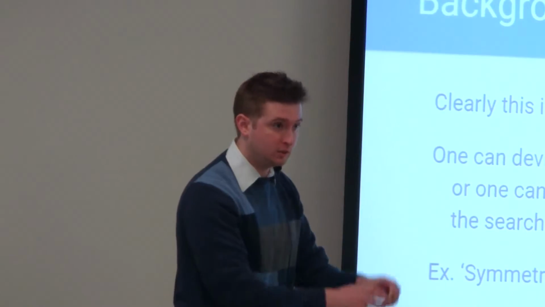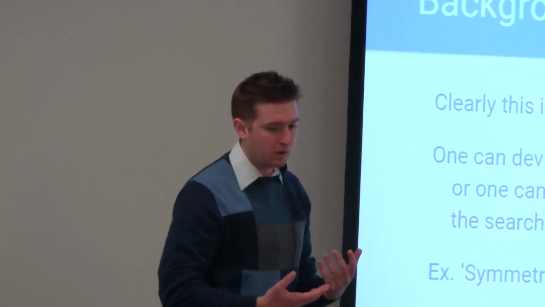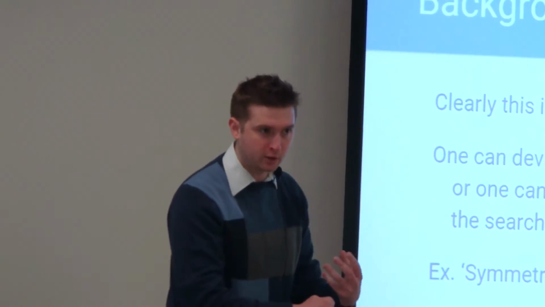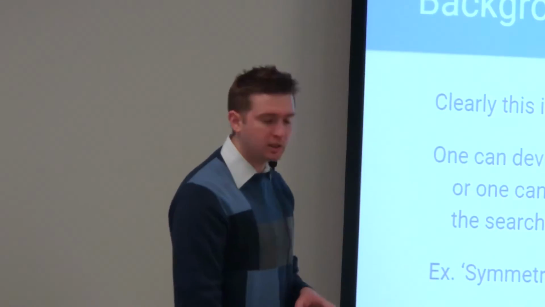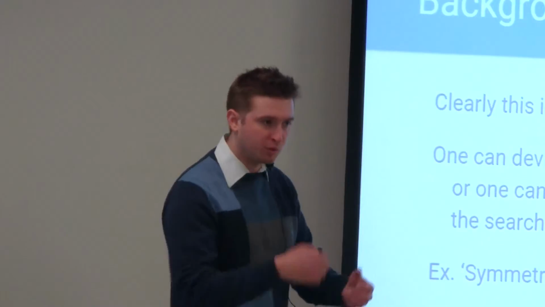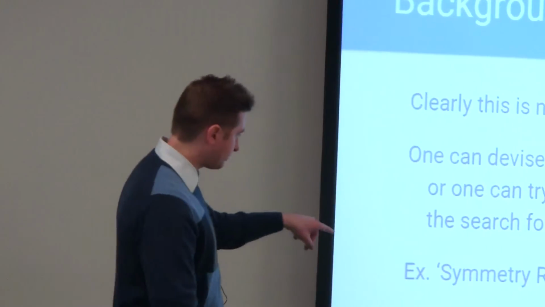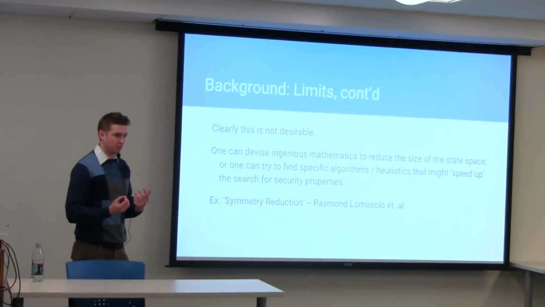You're not blind when you're doing it, but it's almost like you kind of are, because you're just picking out 2 branches or 3 or 4, or however many you deem necessary to succeed in finding the true formula. Or you can look for specific algorithms or heuristics that might speed up the search.